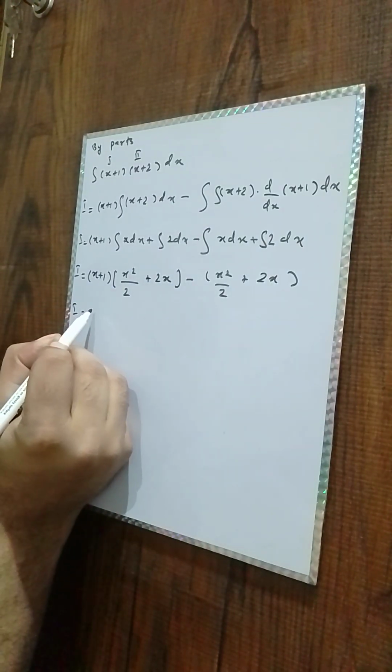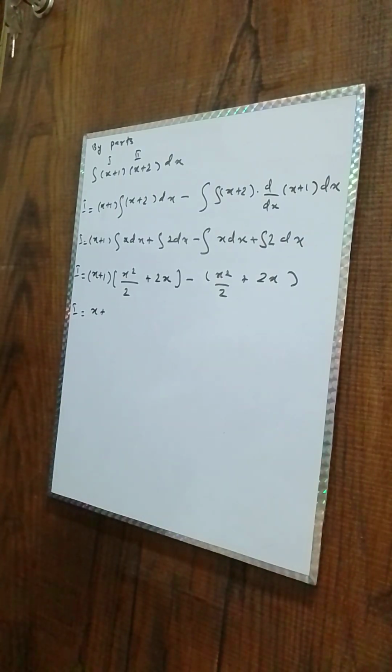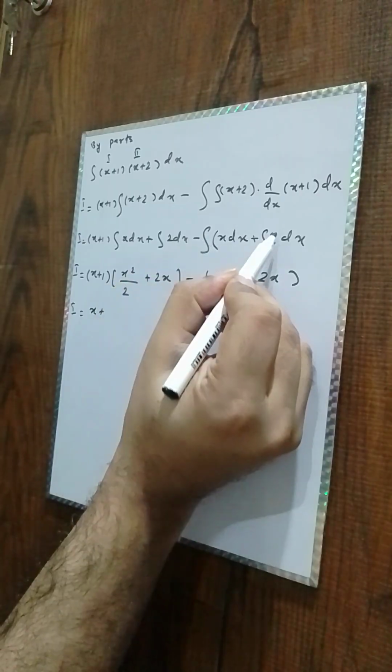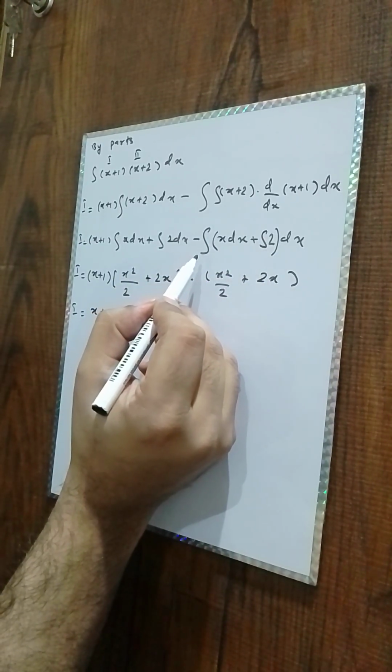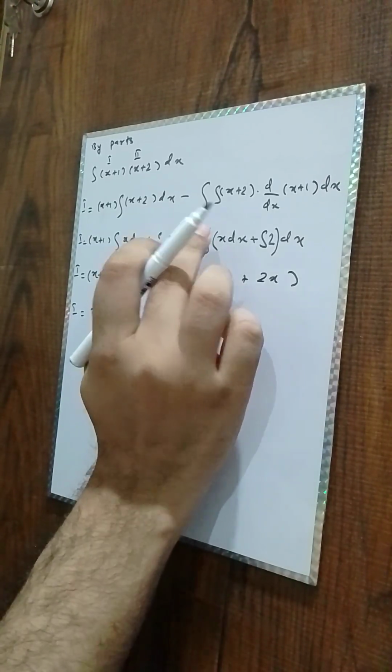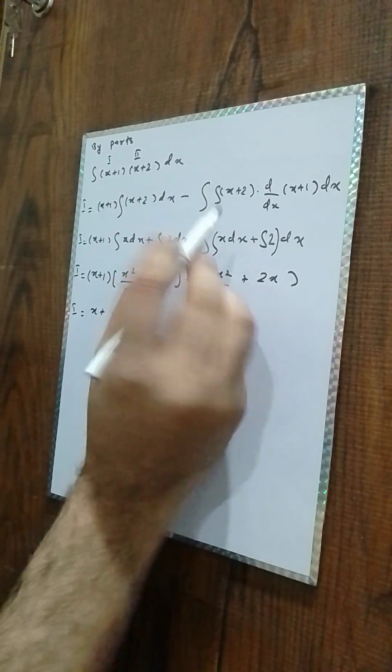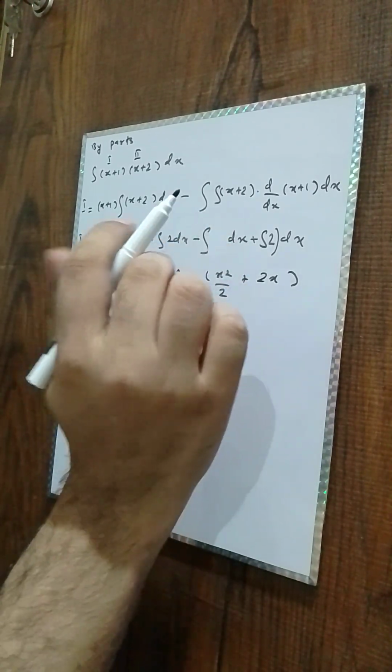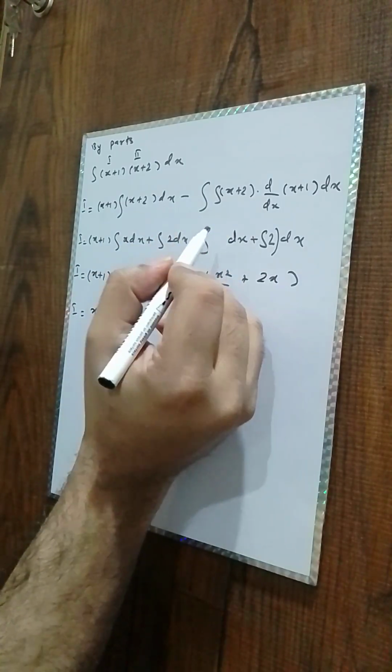I is equal to x plus integral of, you see, integral of integral, need to be careful here, I spotted a mistake.